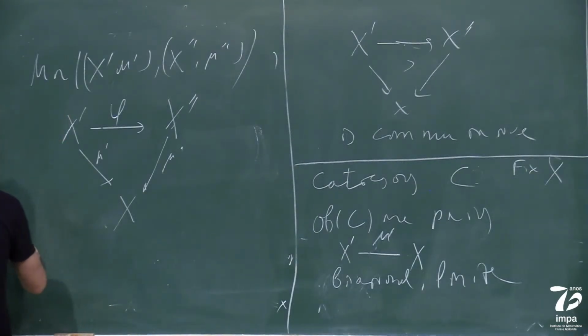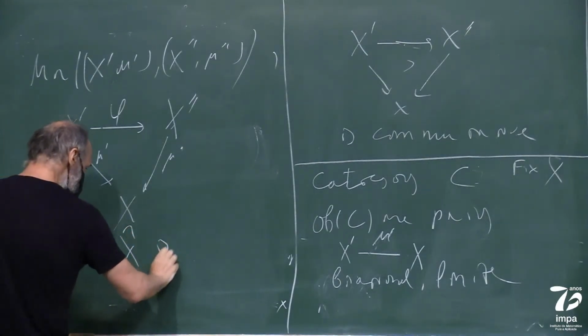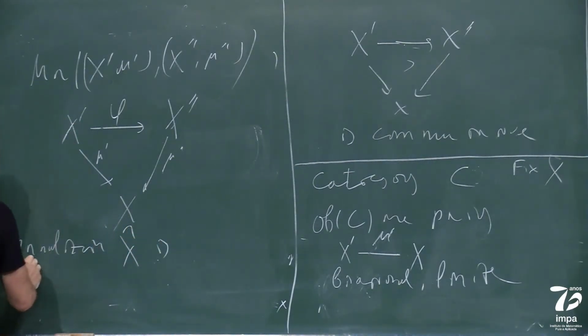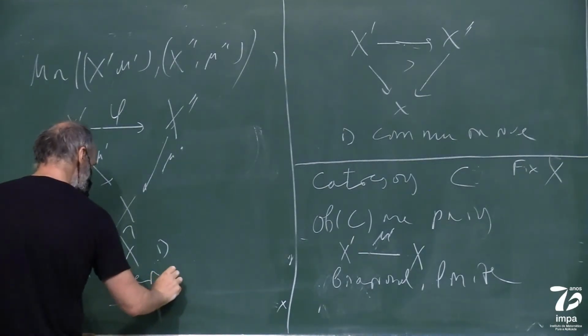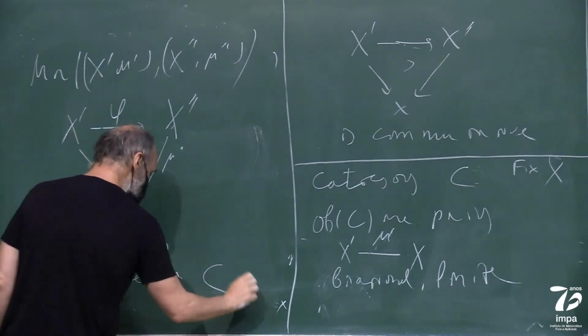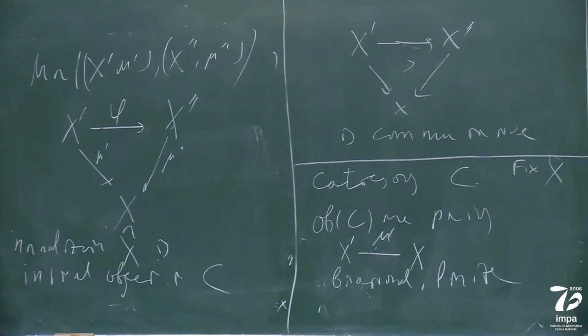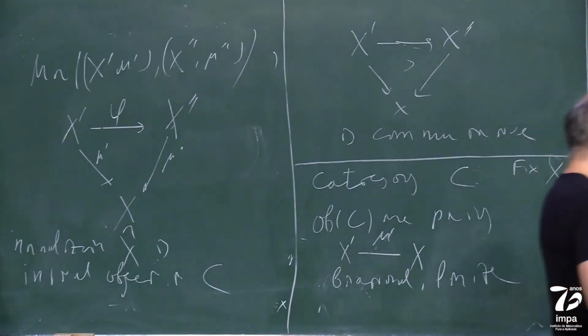Okay, and then normalization x hat is the initial object in this category, just because of this corollary.